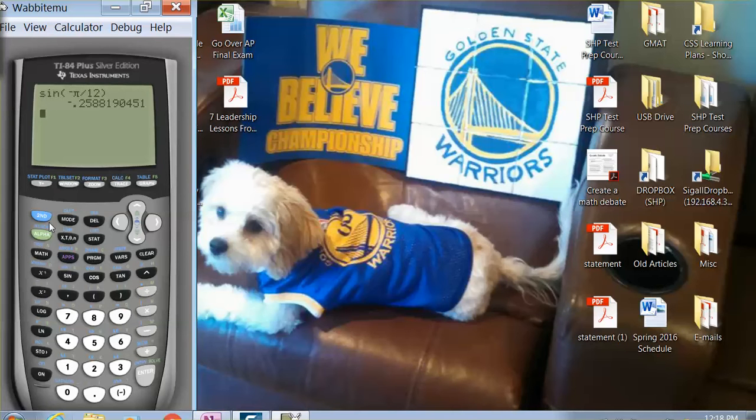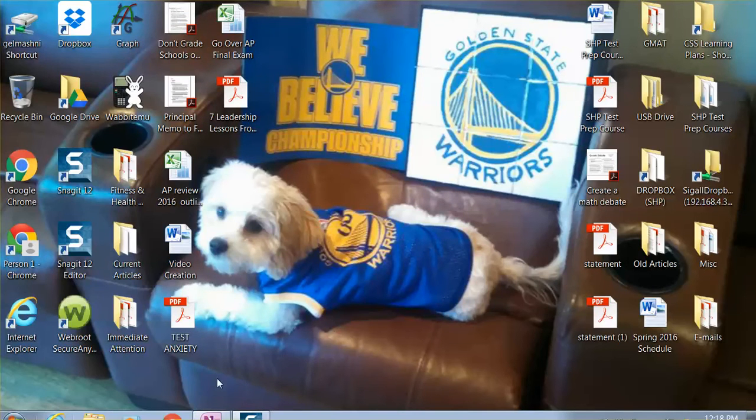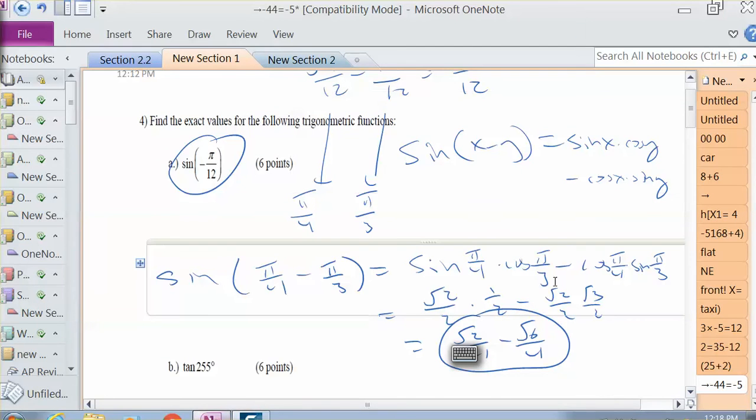And if I do root 2 divided by 4 minus root 6 divided by 4, they're the same. So I feel comfortable with my answer. So that's what you should do when you're checking your work.